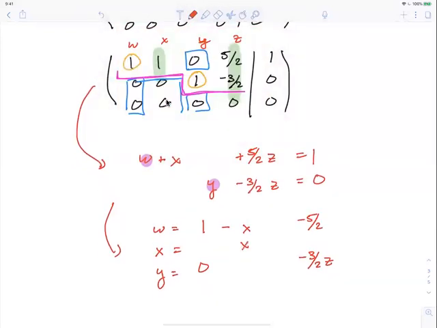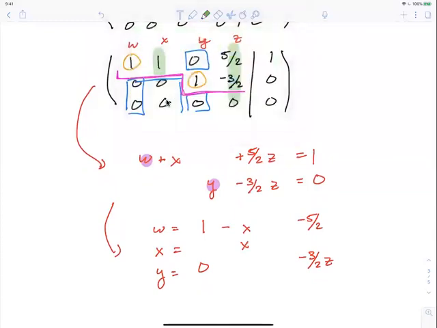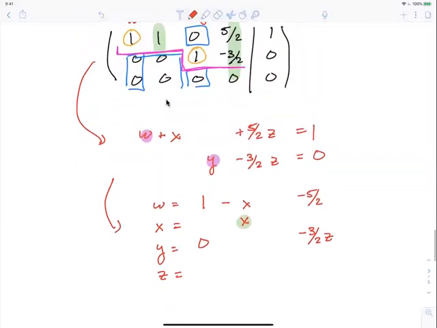That just says, since you get to choose what it is, or it's free to be anything that's possible, you're just going to put a single X there. This seems kind of weird and magical, but it allows us to express the solution in geometric vector form. All right, and now we have Z. Z is Z. Yep. That one's free too.